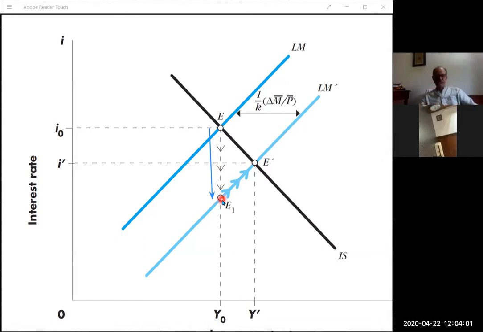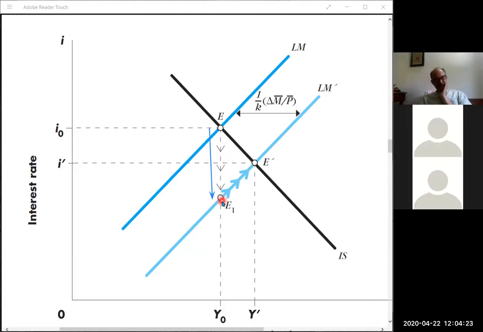Please unmute. Please mute your phone or mic or whatever, because there is some kind of noise coming. Anyway, who would want to explain what happens to the goods market when you have E1, and why that happens? Every step, explain carefully. Who wants to explain? Anyone? I can't hear you.